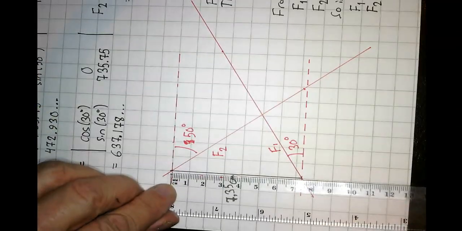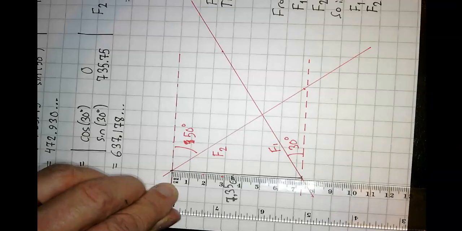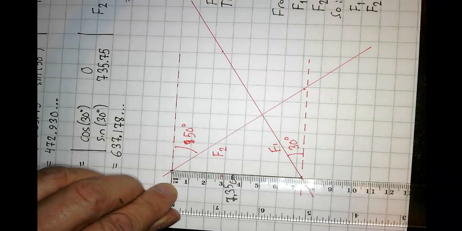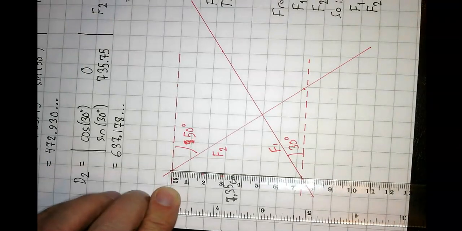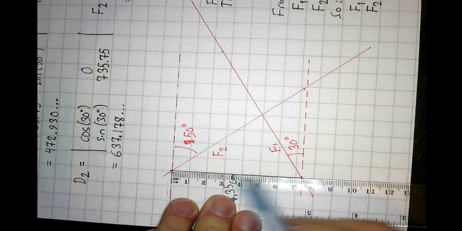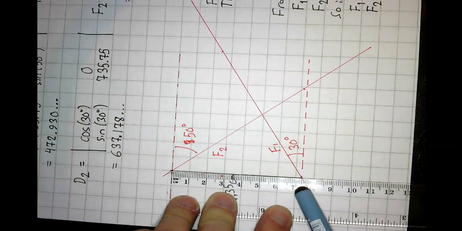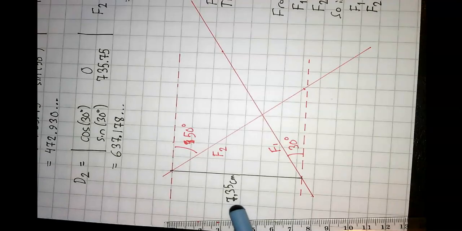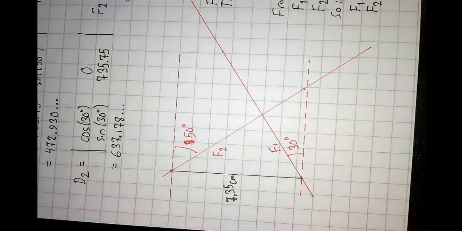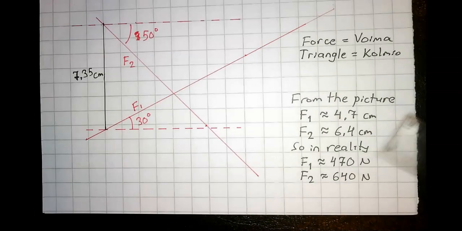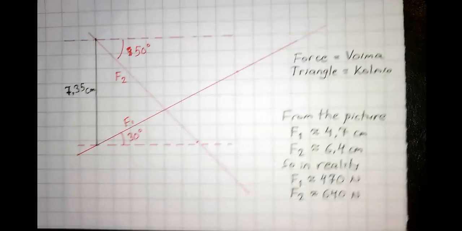Yes, that should have been a little bit longer, because right now that length is 7.3, and it should be 7.35. That is the reason I got a little bit too low measures for F1 and F2.